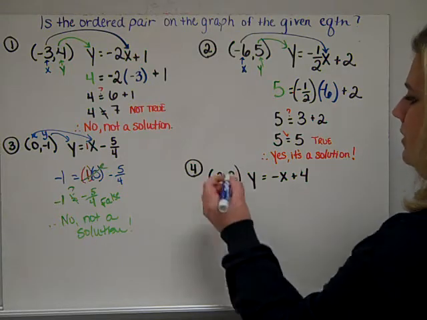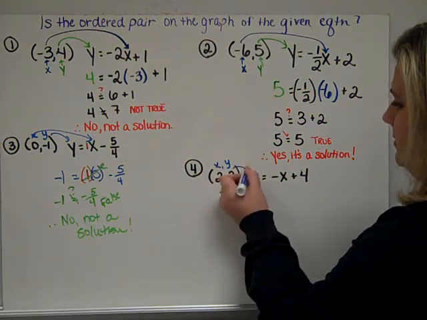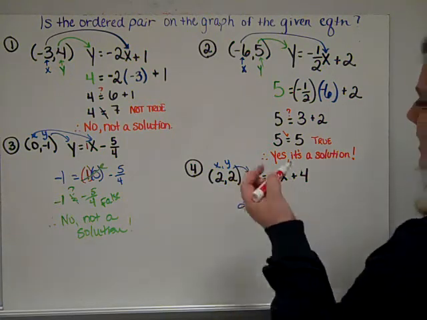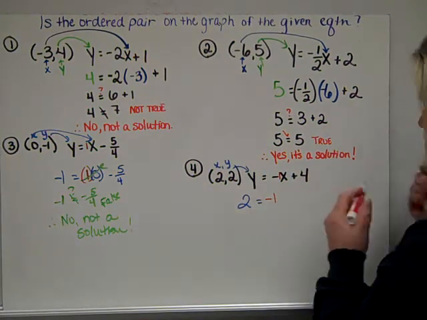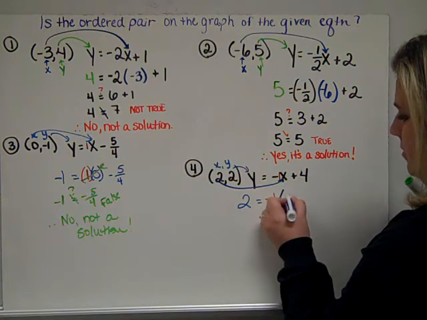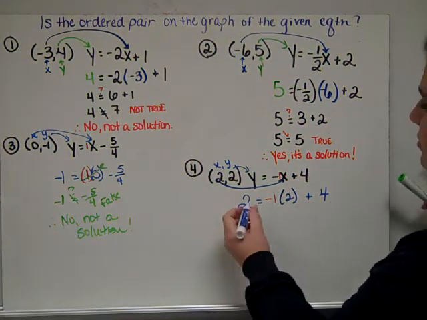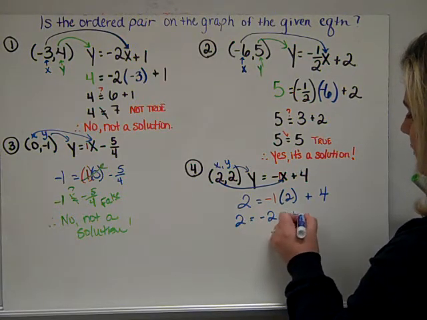All right, number 4. Here both of my coordinates are 2's, so my y coordinate is +2. And then here, don't forget that my understood coefficient, I have a -1 sitting there. Okay, so when I plug in my x coordinate, I need to multiply that by the -1. All right, so -1 times 2 is -2 plus 4.